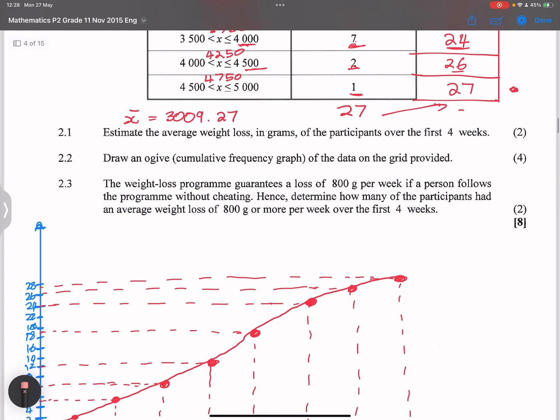Now we've drawn up the cumulative frequency. They say to us the weight loss program guarantees a loss of 800 grams per week if a person follows it without cheating. Hence, determine how many participants had an average weight loss of 800 grams or more per week over the first 4 weeks.